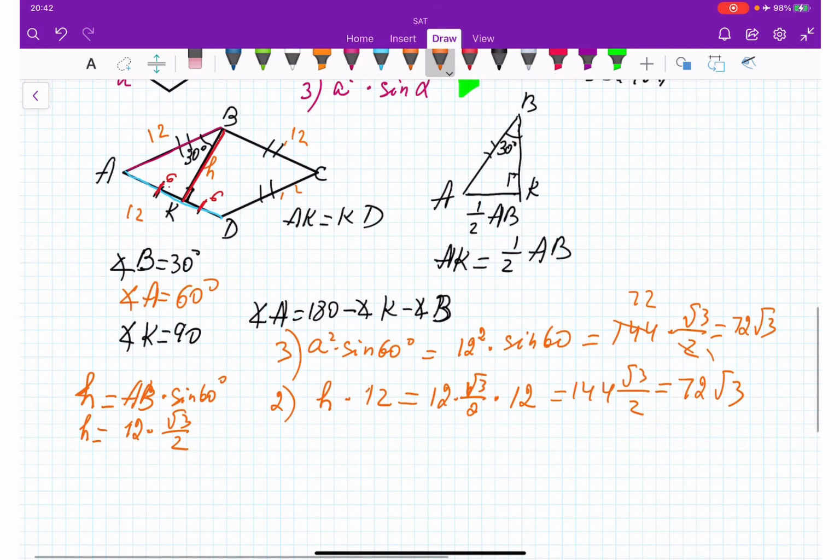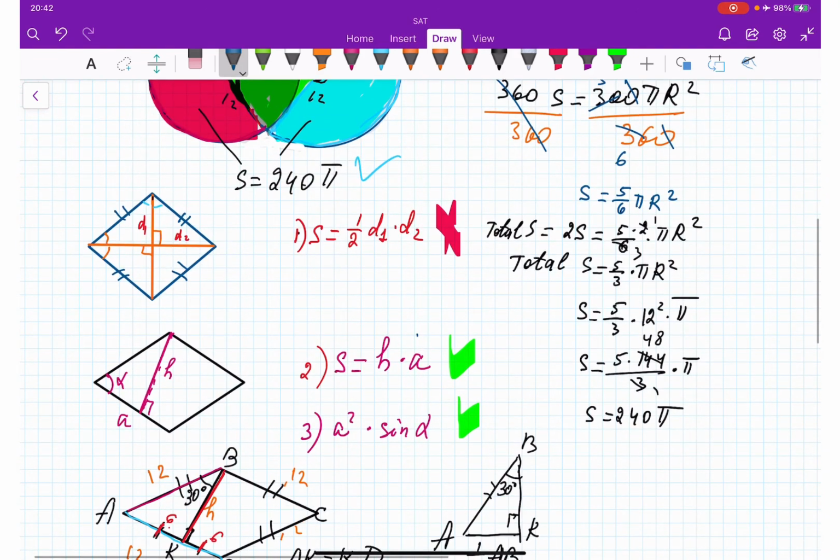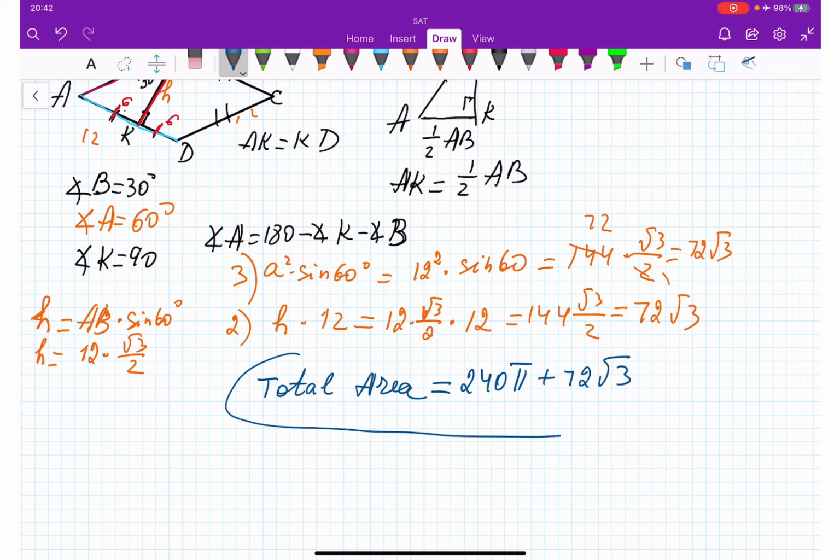So from here, the total area is going to be equal to the area of the sector, which is 240 pi, plus 72 square root 3, and that is going to be our final answer.